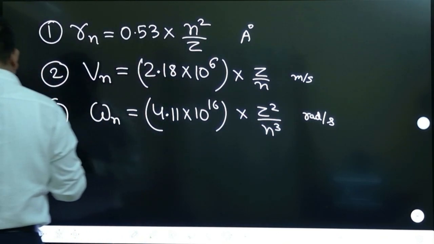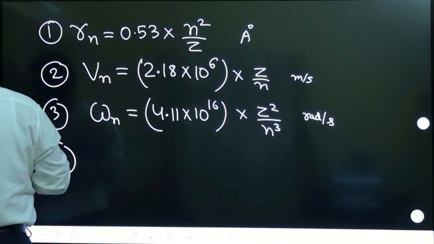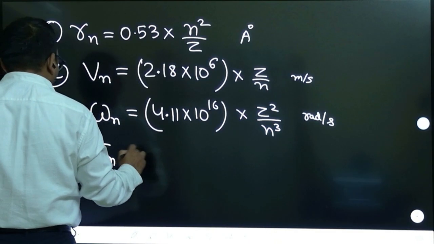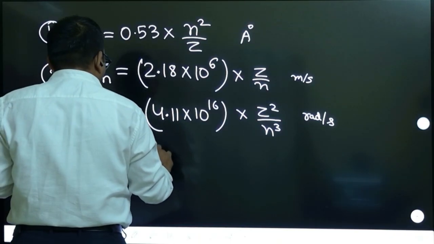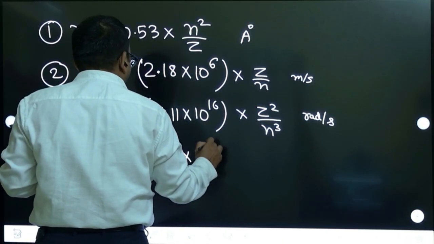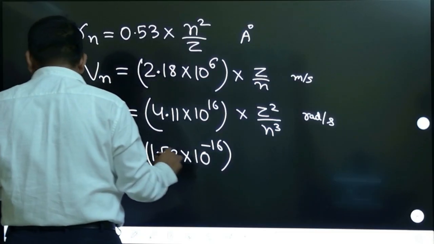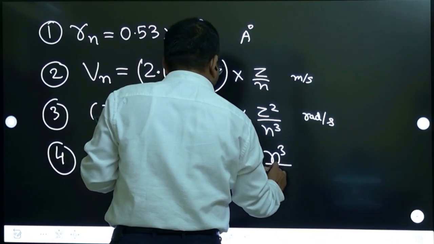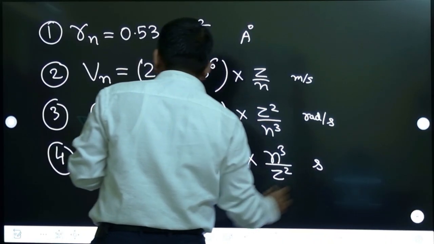Next, let us take the next thing. Time period of revolution of the nth orbit is 1.53 into 10 to the power minus 16, this factor multiplied into n cube by Z square, second.